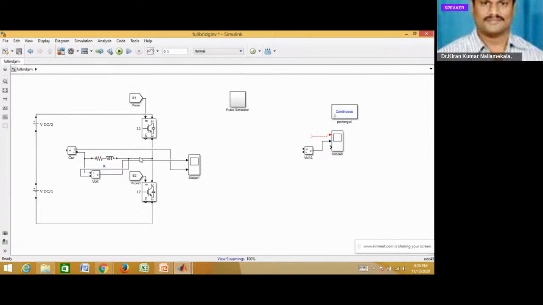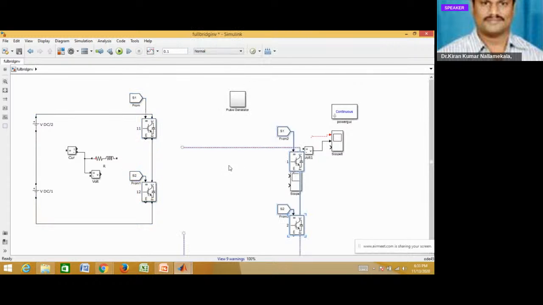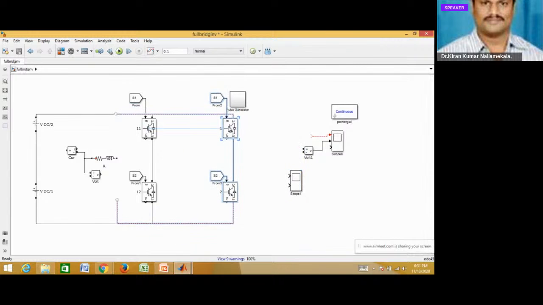That is the variation in the load connections as well as the number of switching devices also. Here you are using only S1 and S2. In the full bridge, you need 4 switching devices.